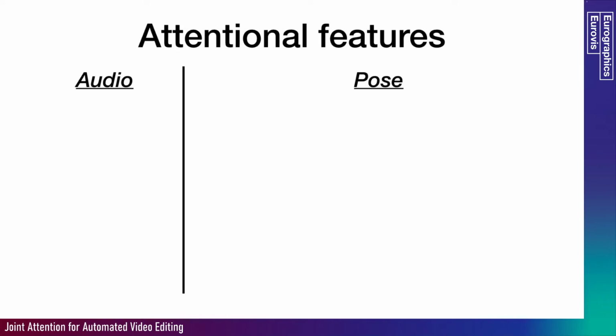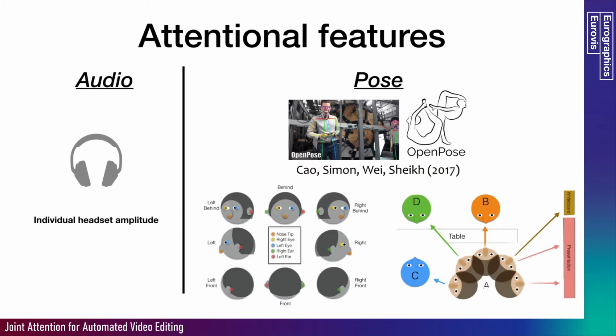The attentional features we use in our 3 automated editing methods are audio and pose. Audio is pretty straightforward. It's the individual amplitude of the headsets for each participant. For pose, we take inspiration from automatic pose analysis software OpenPose in order to extract the facial landmarks of the participants inside the videos.